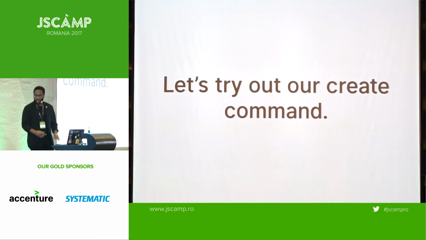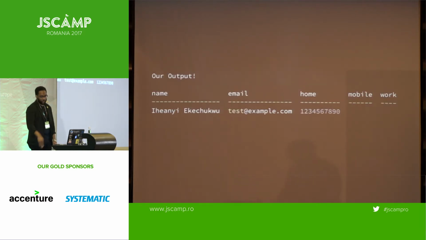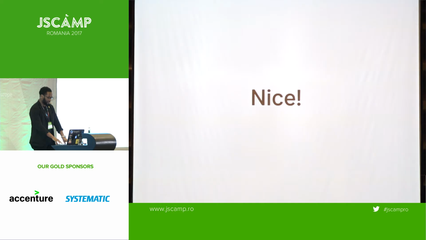And now we can try our create command for the CLI interface in another window. So basically, that command is going to turn into just create, my name and mock number. Essentially, if you do that, that's what it outputs, right? Just a table of what was created. And yeah, it's pretty neat in my opinion.